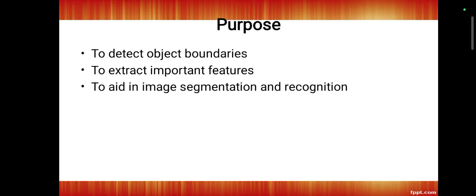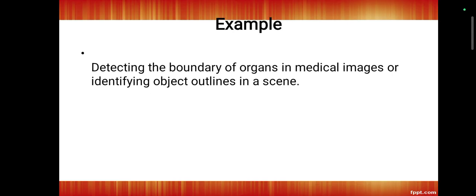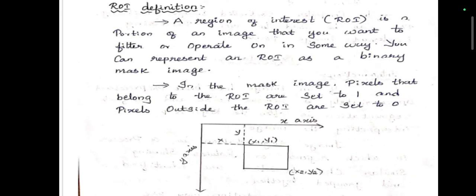The main purpose of this is to detect object boundaries, to extract important features, and to aid in image segmentation and recognition. It is used for detecting boundaries of organs in medical images or identifying object outlines in a scene.